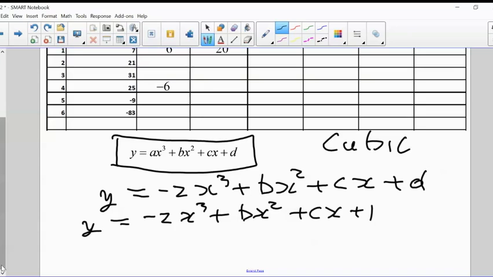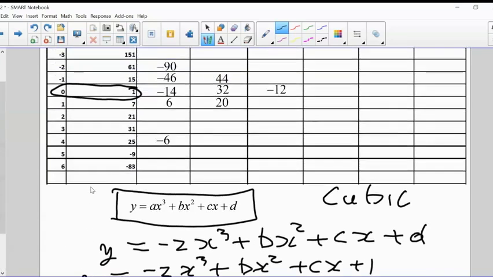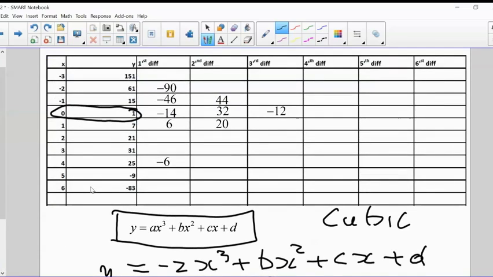Anybody? Nobody? Well, we have a table of values. Can that help us out at all? Because I think we can get the equation of this line. We have the lead coefficient, the minus 2. We have the constant on the end. So there's only two things we don't know: the b and the c. There must be a way we can use that information in the table. Nobody has a thought on that?